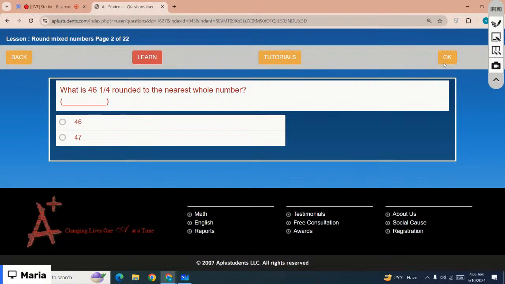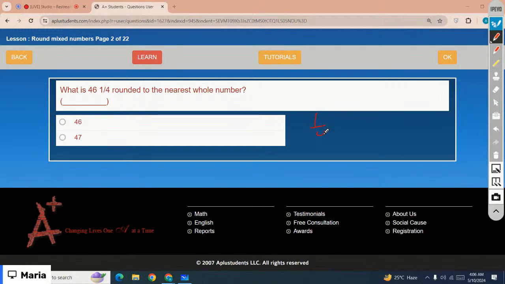Okay, what is 46 whole 1 by 4 rounded off to the nearest whole number? So, which is the correct option? The fractional part is 1 over 4, and 1 over 4 is less than half, right?